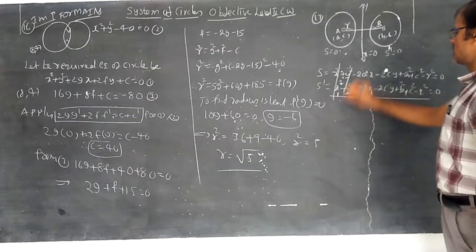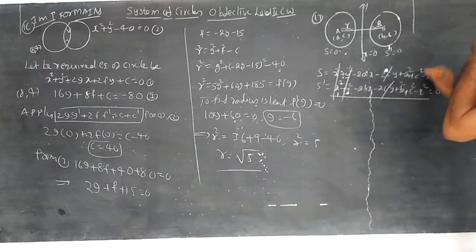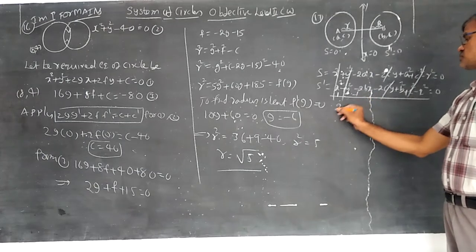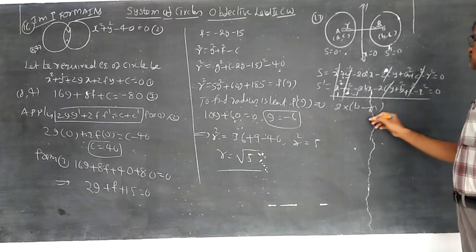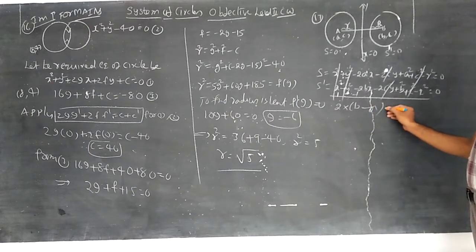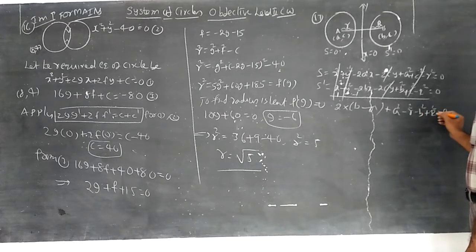By taking the radical axis, this minus this, c square gets cancelled. We take 2x in common as b minus a: 2x into (b minus a) plus a square minus r square minus b square plus R square equal to 0.